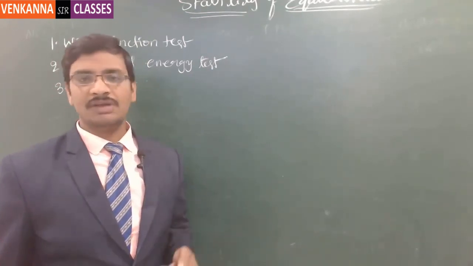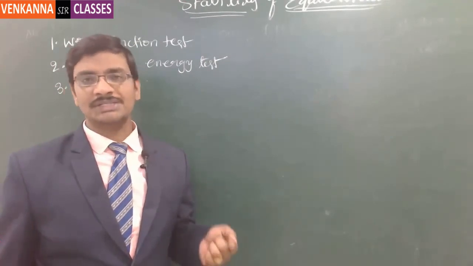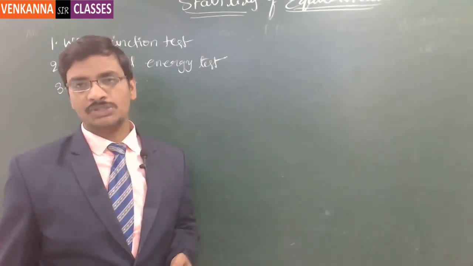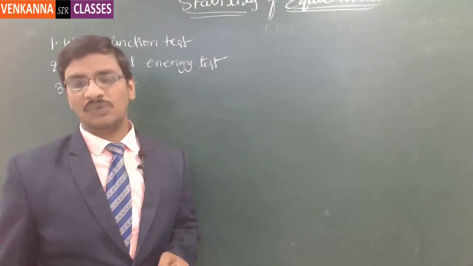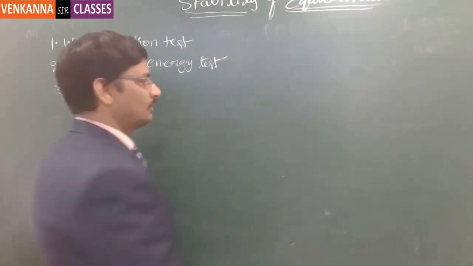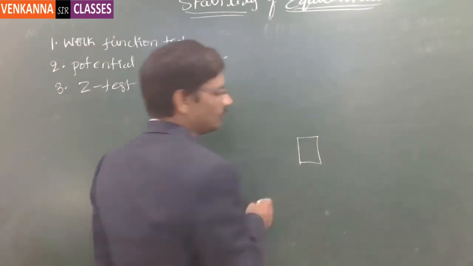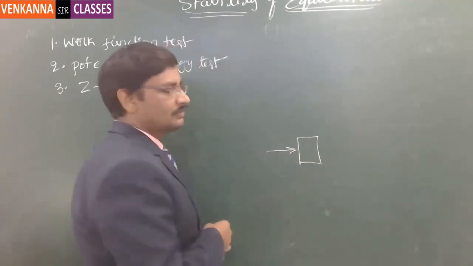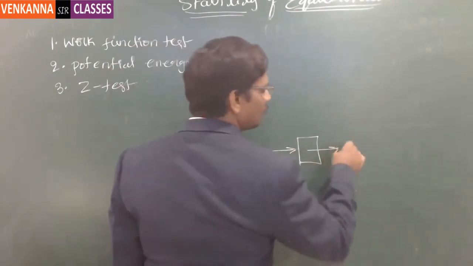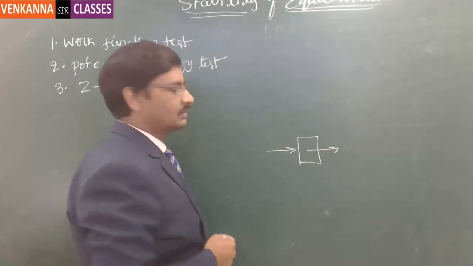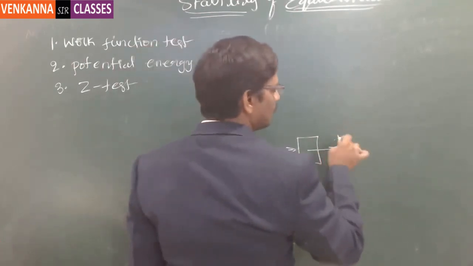Suppose it is the other way, that means the force direction is different and the displacement direction is opposite to it. Then we say that negative work is done by the force, right? So suppose this is the body and the application of this particular force will try to move the body in the forward direction. So this is called the positive work done.